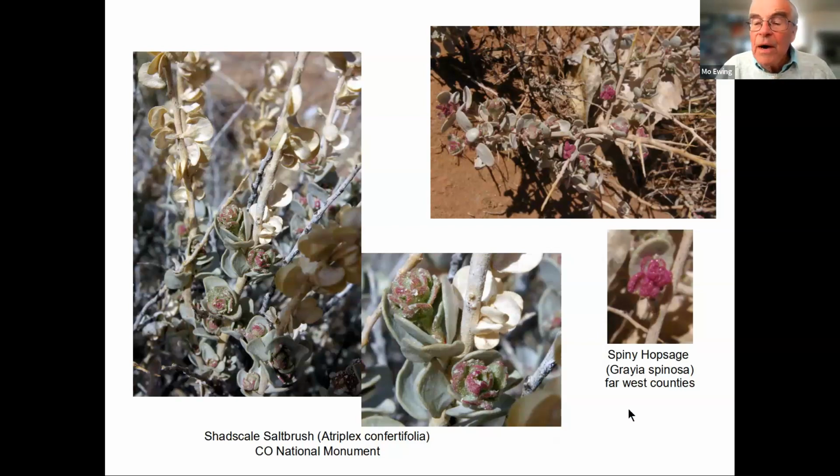And in this one, spiny hopsage, Grayia spinosa, this is also in the far west counties, and this is what the flower looks like here. In the goosefoot family, Weber has 6 subfamilies.